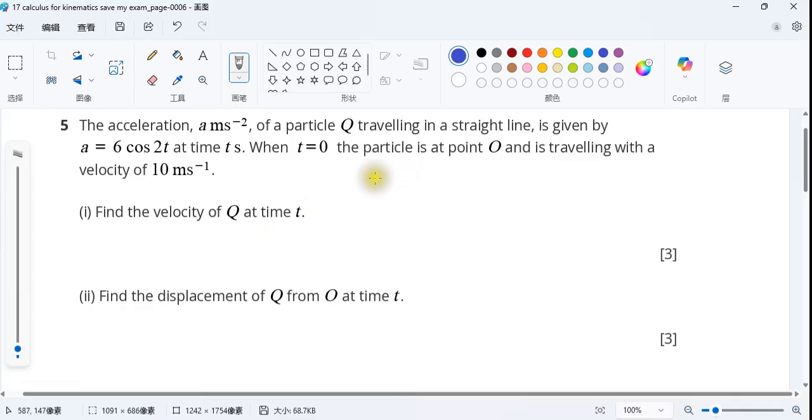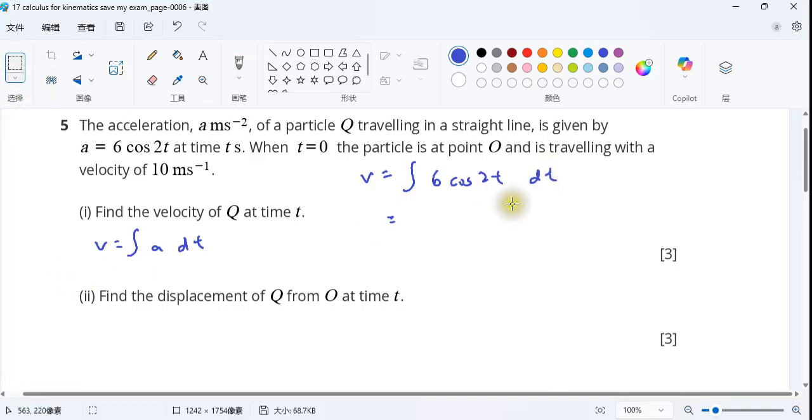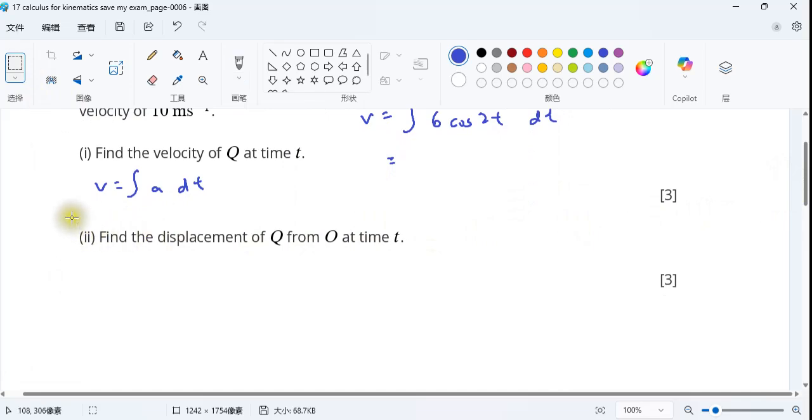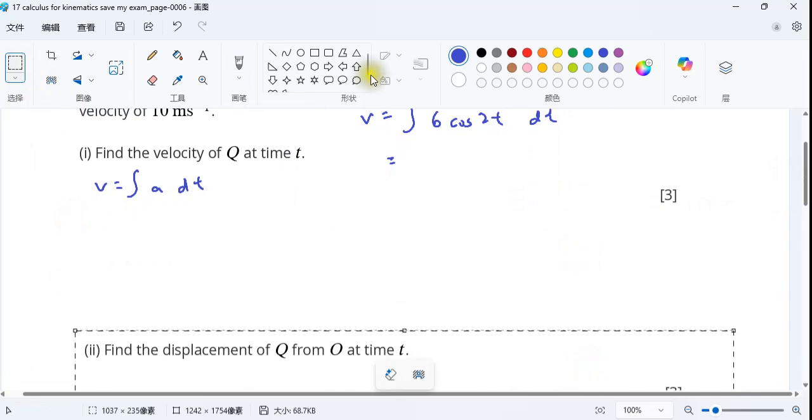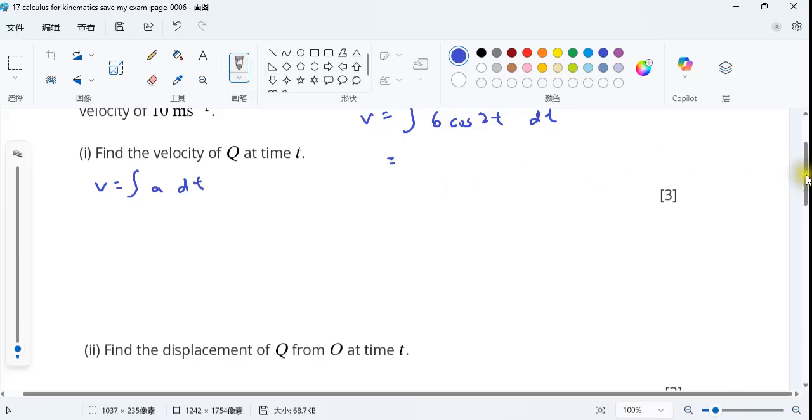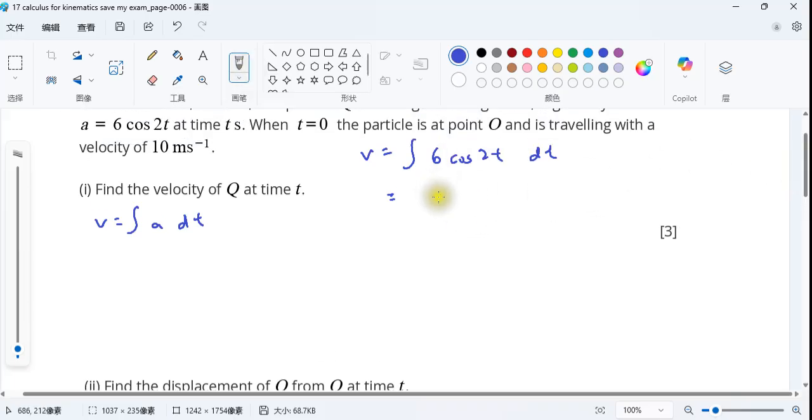So we know that v is the integral of a dt. So v is the integral of 6 cos 2t dt. The integral of cos is sine.